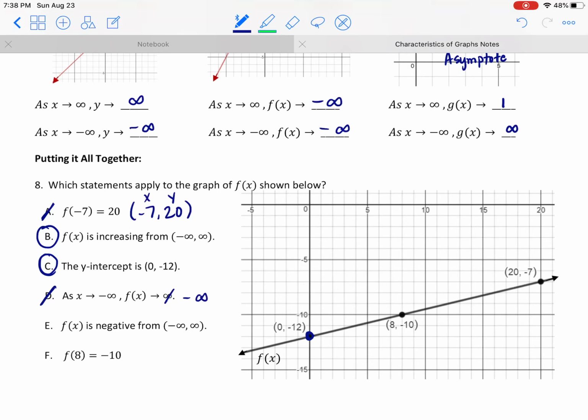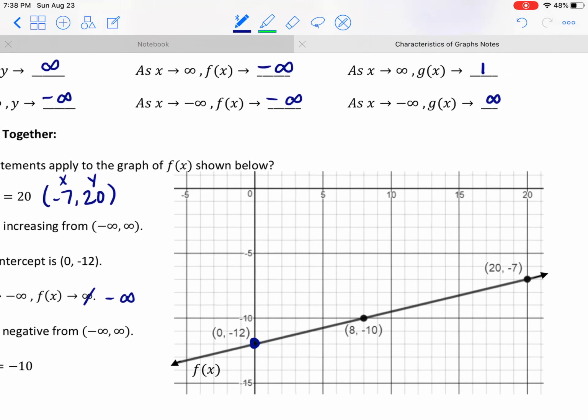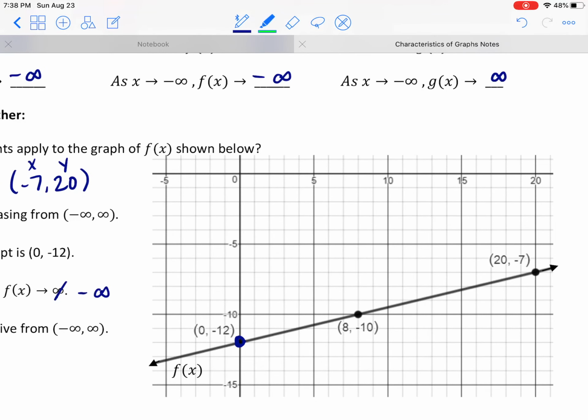How about f of x is negative from negative infinity to positive infinity? So f of x being negative all the way through means the entire graph is below the x-axis. Now it's kind of tricky because the entire graph that's pictured is below the x-axis. Here's our x-axis here, and here's our graph.